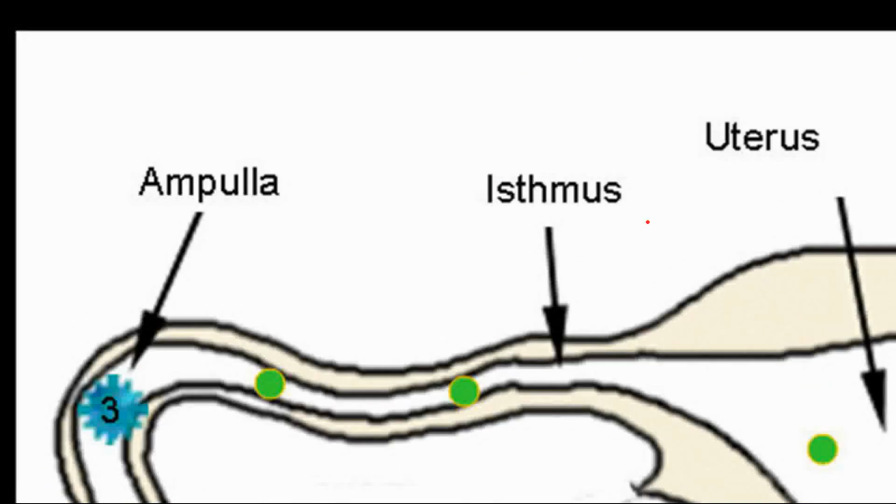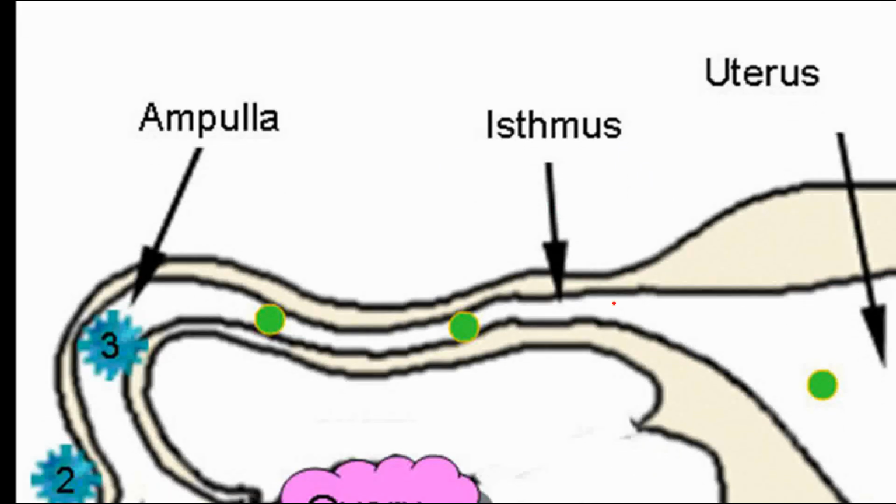Its name is isthmus. I am going to explain the significance of this region of the oviduct. On reaching the isthmus, the sperm remain attached to the wall of the oviduct for a certain while, and once it gets capacitated, the sperm is detached from that attachment and will proceed to the ampulla to meet with the egg.